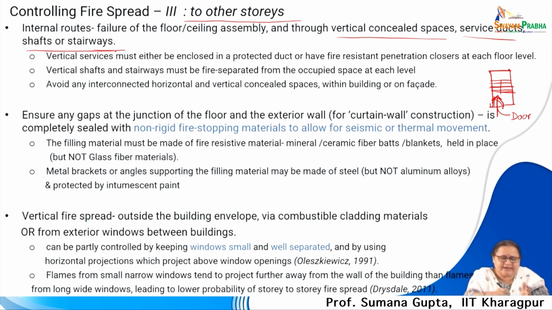Ensure that any gaps at the junction of the floor and the exterior wall for curtain wall construction are completely sealed with non-rigid fire stopping material to allow seismic or thermal movements. Now, this is also very important. We are talking of fire always, but our building can face thermal changes and can experience seismic shocks.